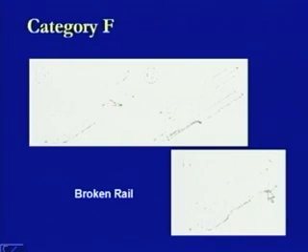Then this is another case where, instead of starting from the end, this is some mid block section of the rails, and it is broken in this form. Then this is a vertical split of the rail section up to the point up to which the fish plates have been provided.